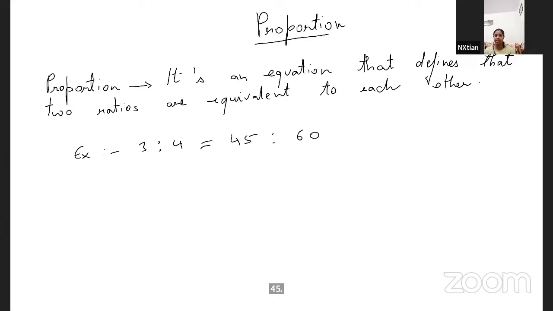Okay, this, ma'am, is a proportion equation. Now I have to check if this is actually in proportion or not. Now, there are two things there. These two terms are known as middle terms.